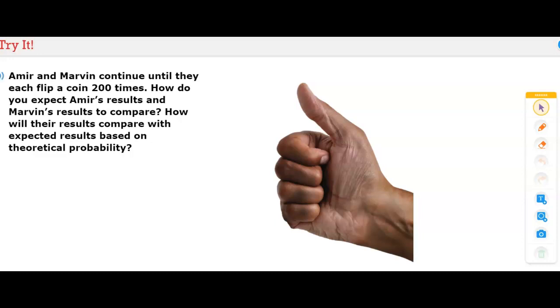As Amir and Marvin continue to flip the coin, their probability of flipping heads or tails should be getting closer to the theoretical probability of 50% of the time. They will get one or the other. So as they continue, the theoretical and experimental should be not exactly, but close to the same percentage.